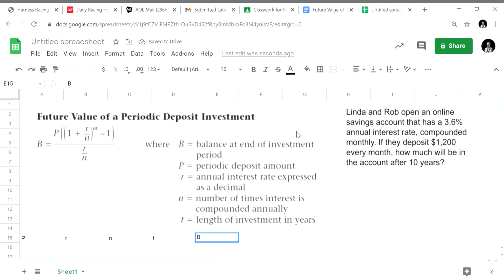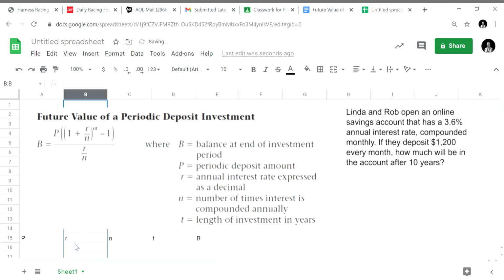So here's our problem. Linda and Rob open an online savings account that has a 3.6% interest rate. Okay? Well, right there, that 3.6% goes into R. But what we're going to do for the R is we're going to come up here on the column for R, and we're going to click on percent.